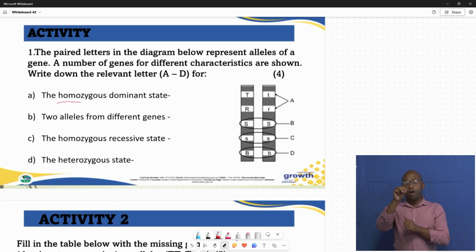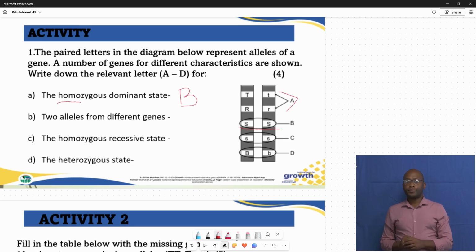So we need to look for the letter that represents alleles that are the same for the gene. If we look at letter A, it is pointing at different alleles and alleles for different genes. Letter B has the same alleles for the same gene. So letter B represents the homozygous dominant state.